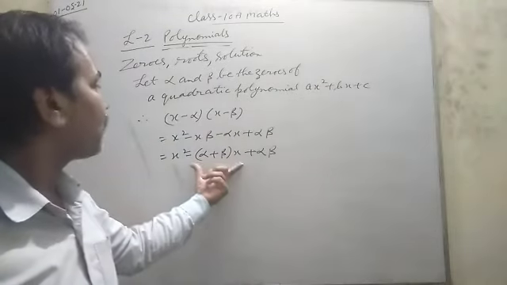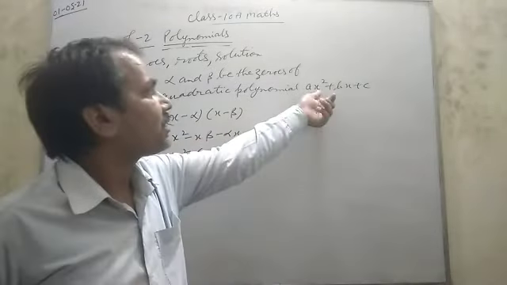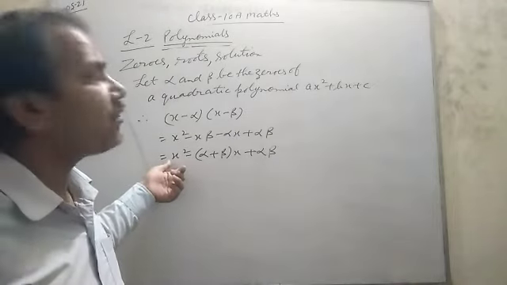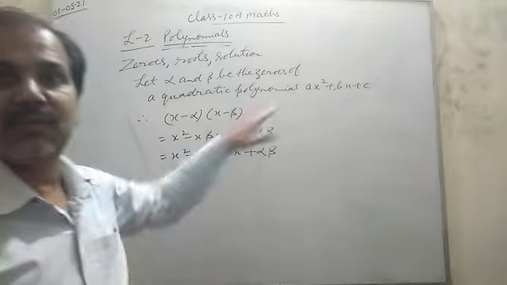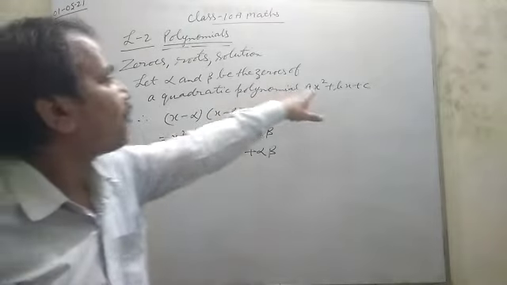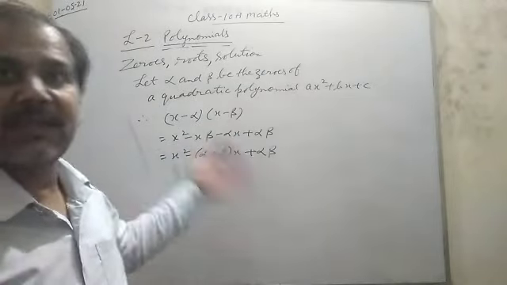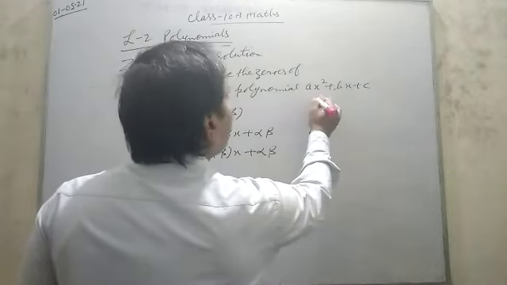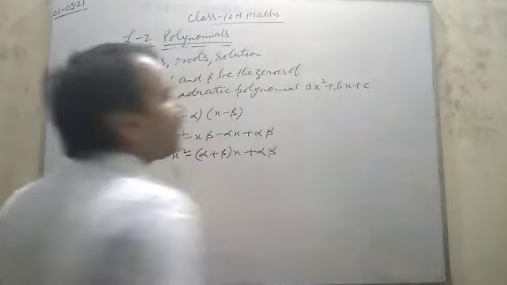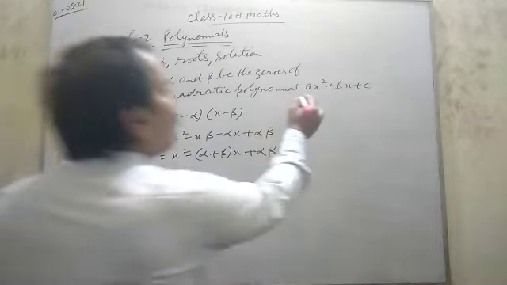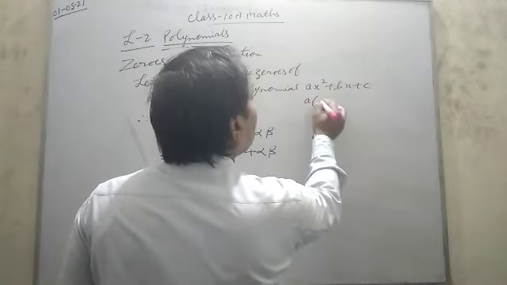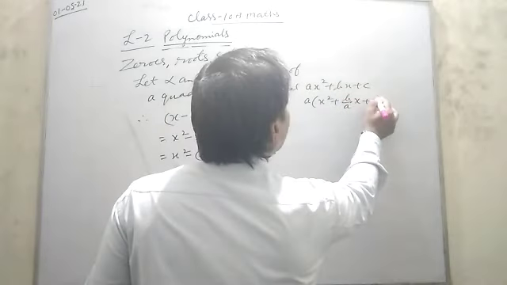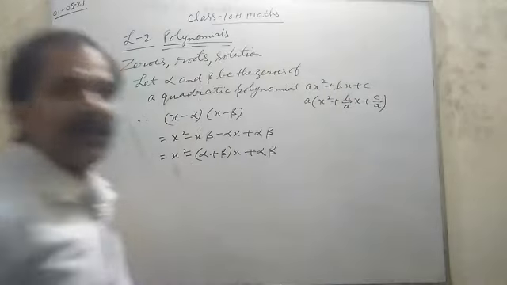Here the coefficient of x square is a, and here the coefficient of x square is 1. When the coefficient of x square is the same in both polynomials, then we can compare. So in this quadratic polynomial, divide by a, or take a common: x square plus b by a into x plus c upon a.